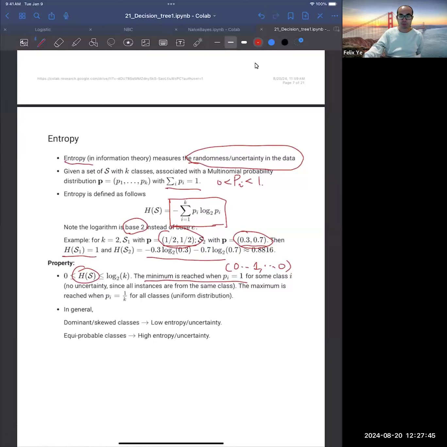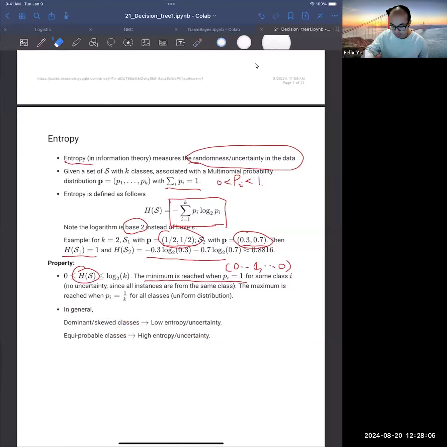As a general remark, if you have more equally probable classes, like a uniform distribution, it is more likely to have high entropy. If you have a more dominant or skewed class, it is more likely to have low entropy.